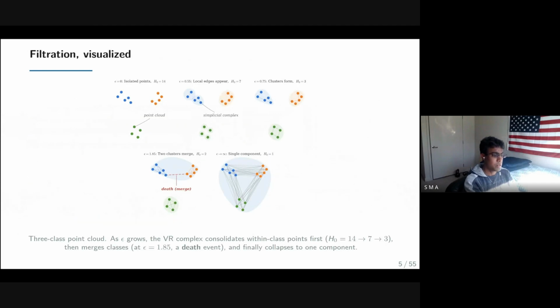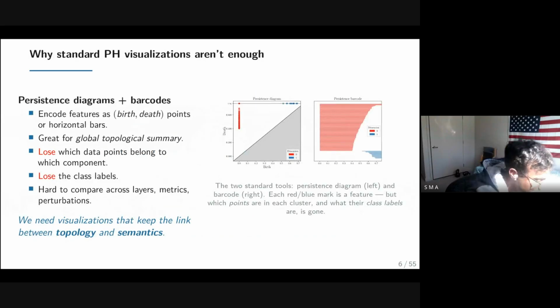Birth is when a cluster forms, and death is when the clusters merge. That could be seen over here. This is the standard way of visualizing that, and it's not really helpful for us. It's helpful for mathematicians, but it's not helpful for AI engineers, which is why we had to develop additional visualizations.